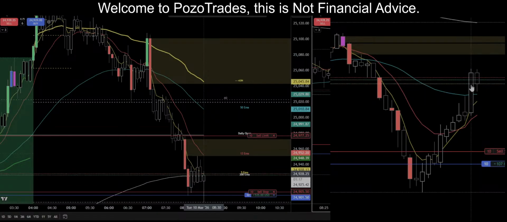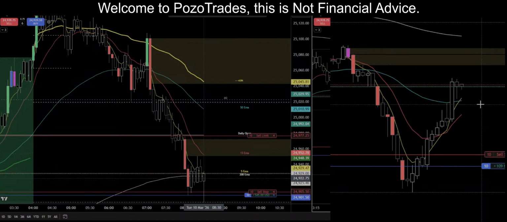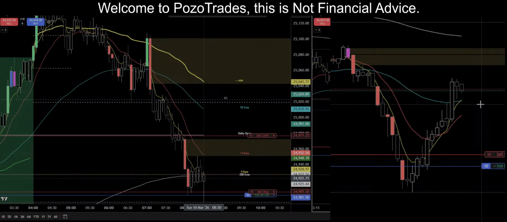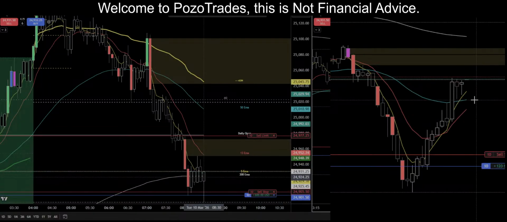I'm actually surprised that this last 15-second candle was not a green vector, so I'm going to watch that closely. So we're looking for it to hold the 50 on the 15-second right here.